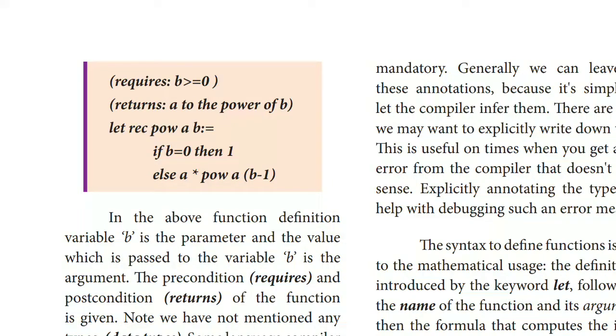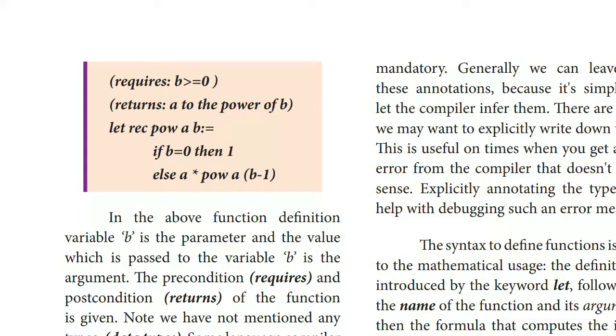Okay, so anything power 0 is 1. So that's given here. So if b is equal to 0, then a to the power 0 will be the answer as 1. Okay, so if not, then you have to calculate the expression a into power of a, b minus 1. Okay, a to the power b minus 1. So a into a power b minus 1.